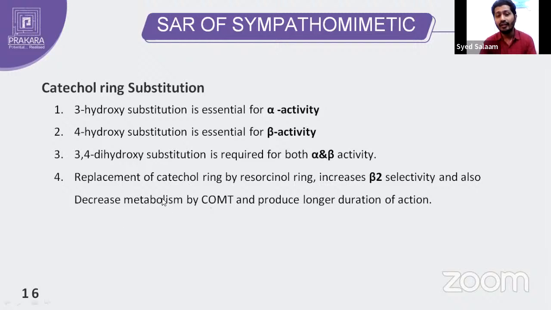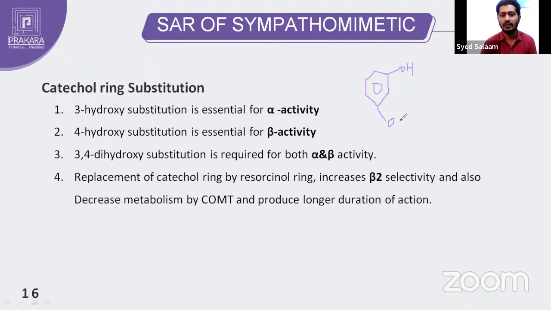Replacement of the catechol ring by resorcinol. If we make it resorcinol, what happens? In catechol, both hydroxyls are side by side. When there is a gap of one carbon between the hydroxyl groups, we call it resorcinol.